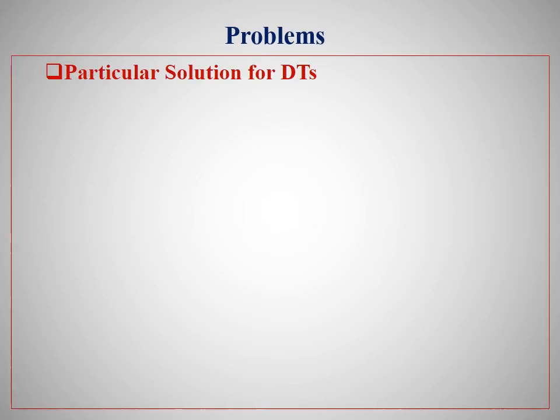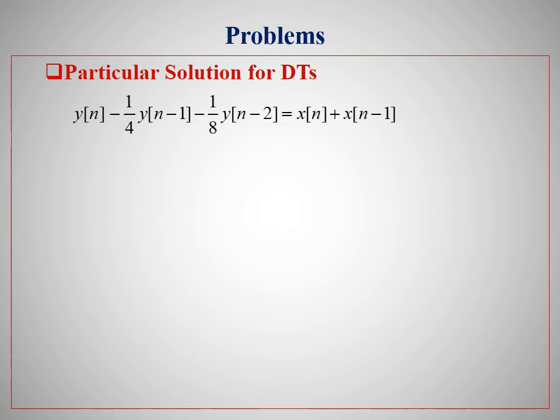Let us go on to a problem on particular solution for discrete time systems given by the equation y of n minus 1 by 4 y of n minus 1 minus 1 by 8 y of n minus 2 equal to x of n plus x of n minus 1, where x of n is given by n into u of n.